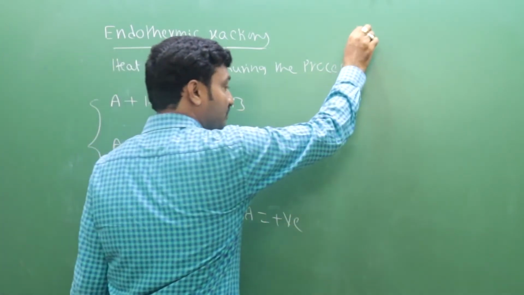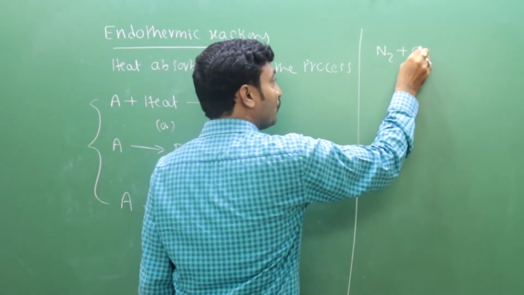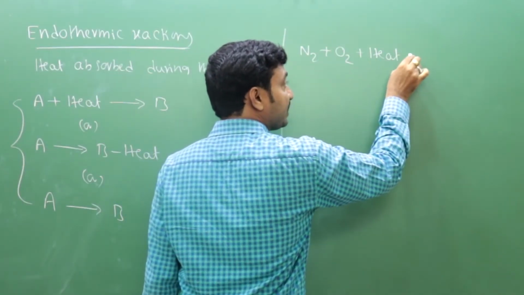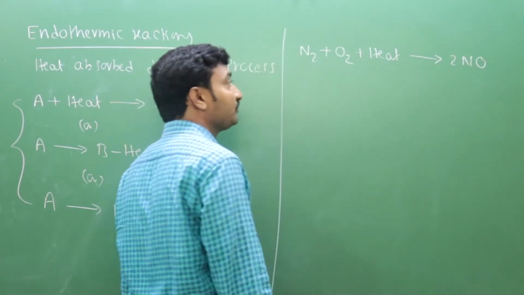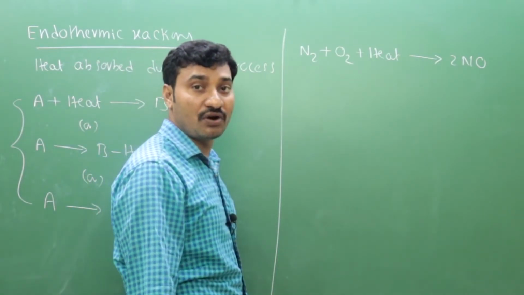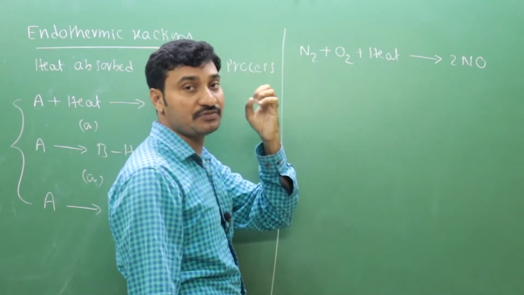Examples: N2 plus O2 plus heat gives 2NO. Nitrogen combines with oxygen to form nitric oxide, NO. In this process, some amount of heat is absorbed.